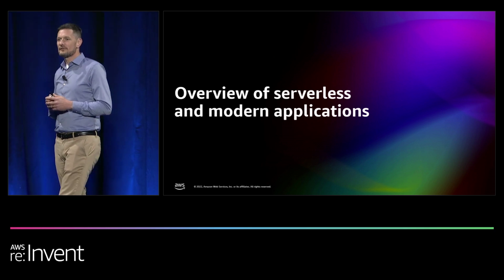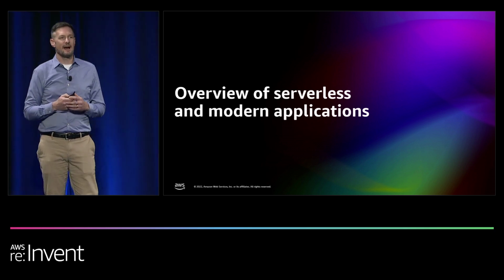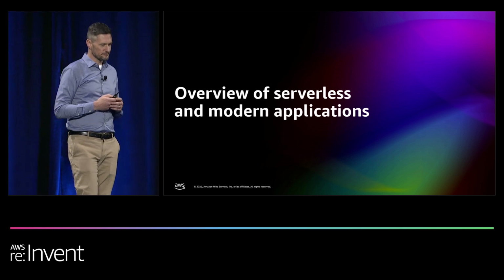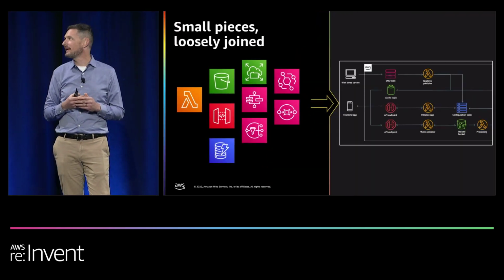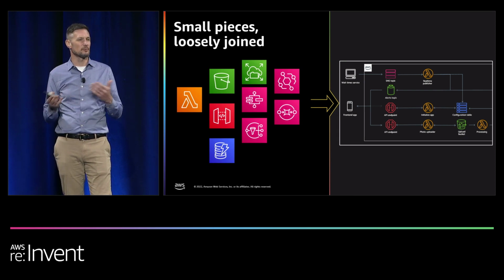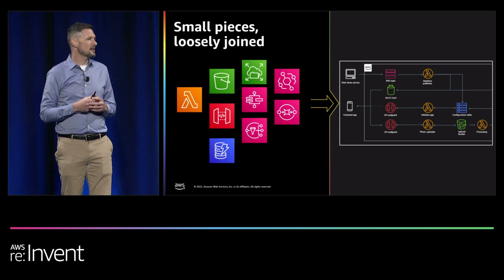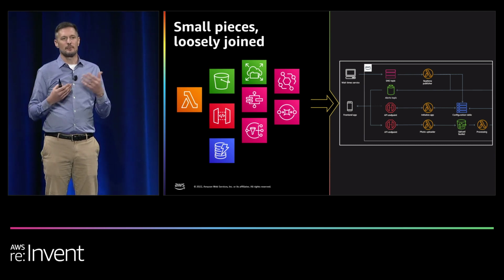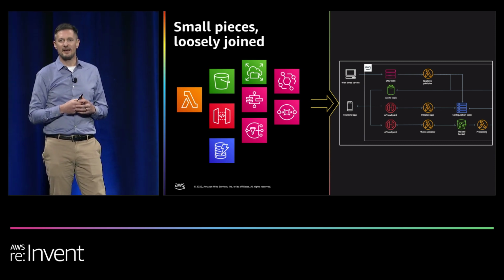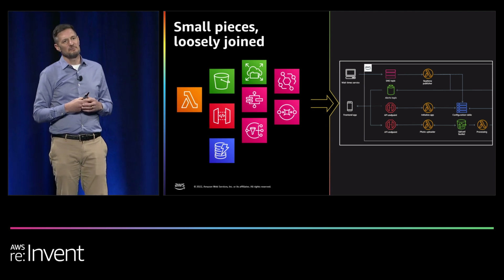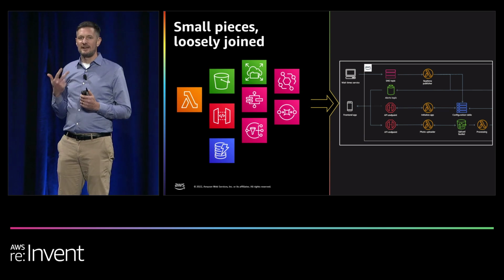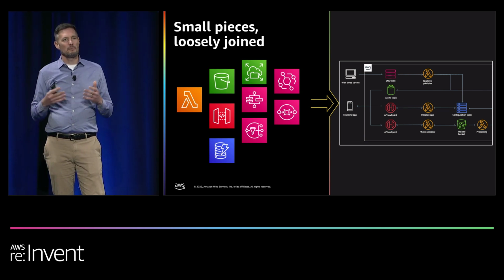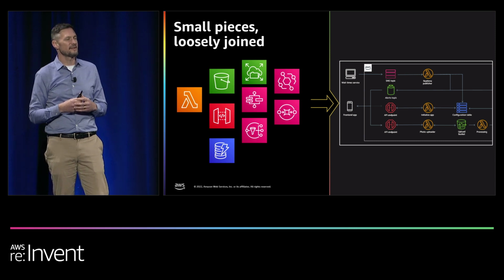So when we talk about serverless and when we talk about modernizing applications, what do we mean by that? Well, for many of us, myself included, we came from a world that was really rooted in the data center. And typically, when we designed applications, when we deploy applications, it sat on top of an infrastructure stack that typically was comprised of compute, storage, and network resources, all tightly coupled together in a monolithic type of application stack.